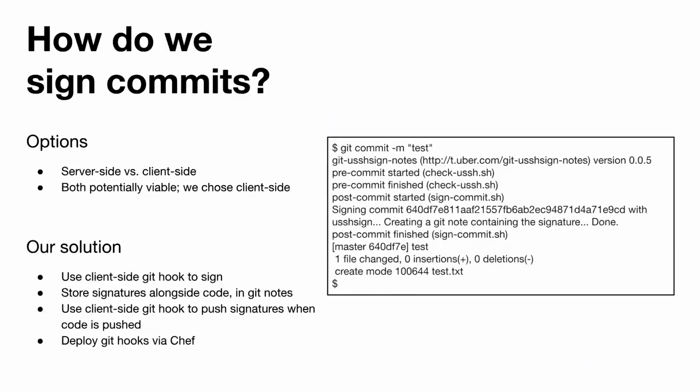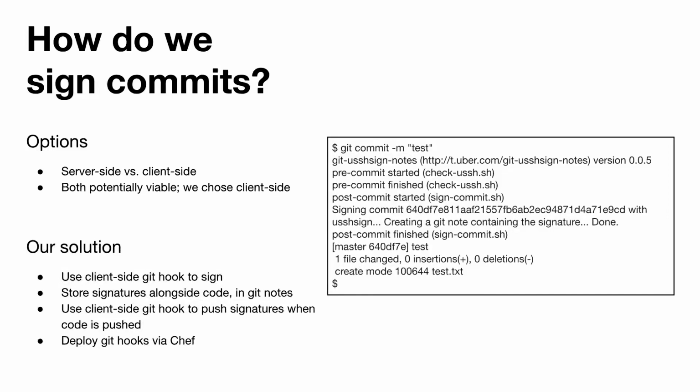So how do we actually go ahead and sign commits? We have this fork in the road. We can do this either at the server side, where our developers authenticate to the Git server, push their commits, and the Git server then knows who authenticated via SSH and writes out some metadata about who did that. Or we can do this via the client side.